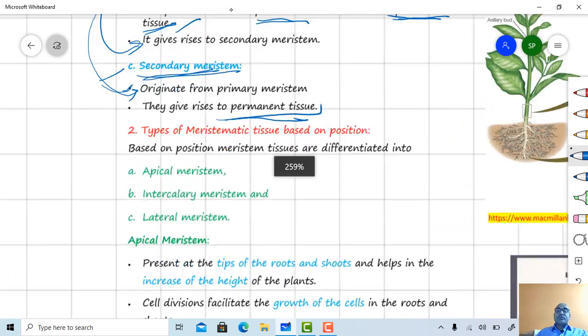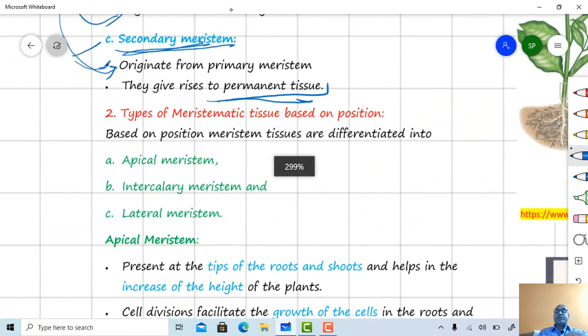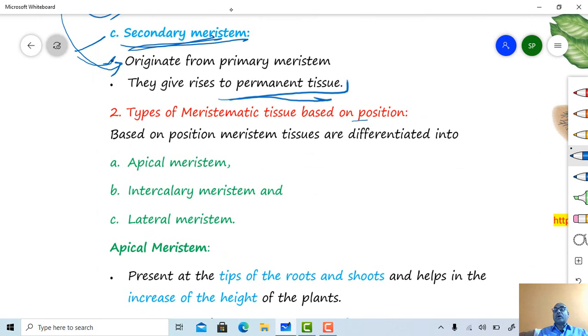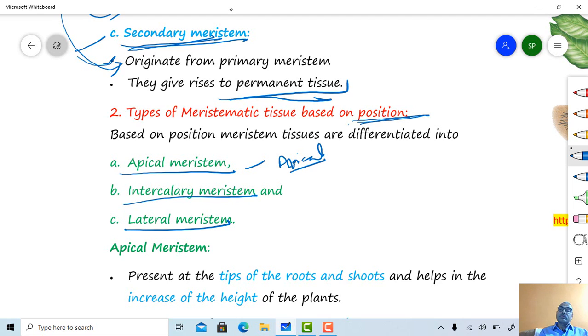Just see the types of meristematic tissue based on their position. Based on the position, these meristems may be the apical meristem, intercalary meristem, and lateral meristem. Apical meristems are present at the apical region of the shoot as well as root.